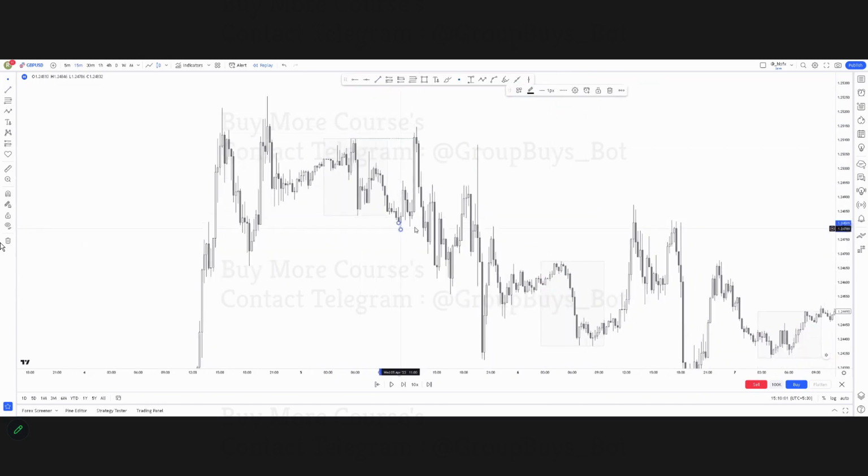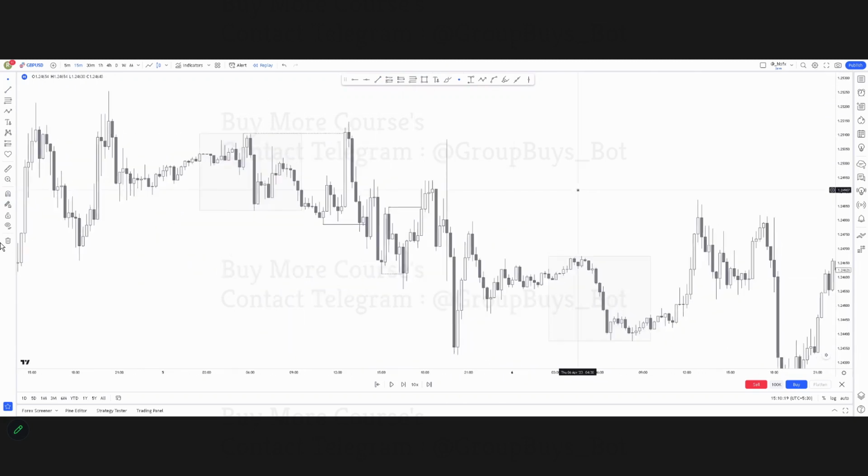I will mark my strong highs, a break of structure at the body here, and I will mark my weak lows from here, sweep of liquidity, and I'll mark my break of structure like this. Now this is our strong high, this is our weak low, and I will mark the internal range liquidity. What is internal range liquidity?